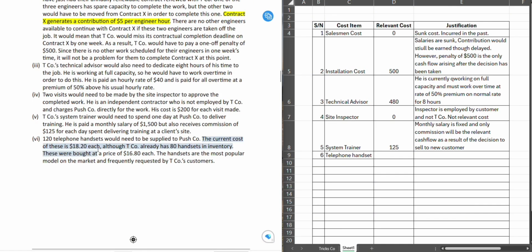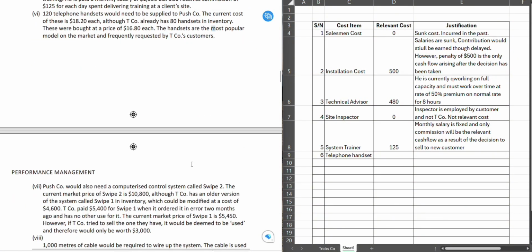The current cost of this is 18.2 each. Although TICO already has 80 in inventory, these were bought at the price of 16.8 each. The handsets are the most popular model on the market and frequently requested by TICO's customers.